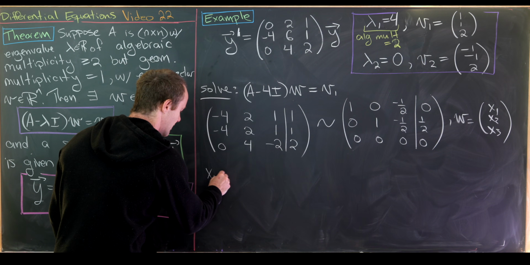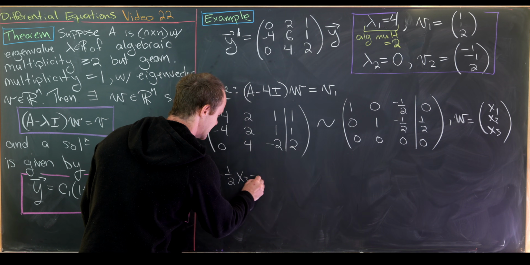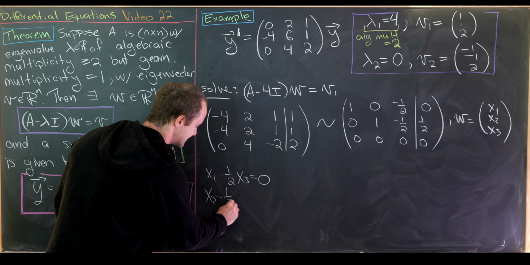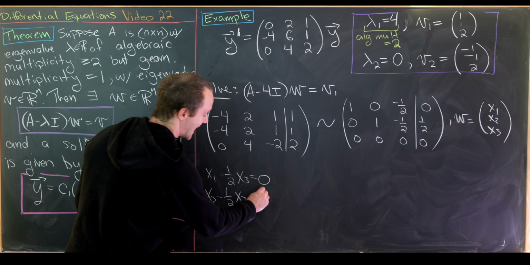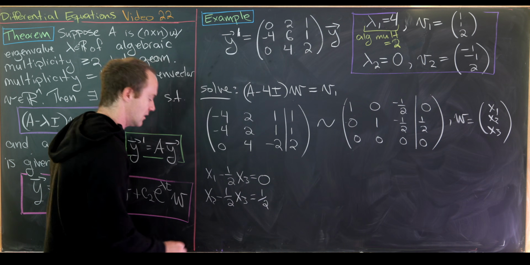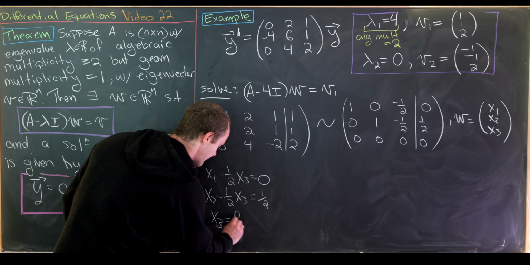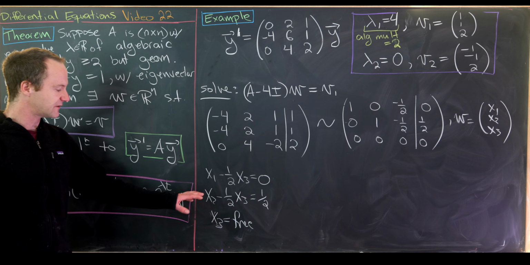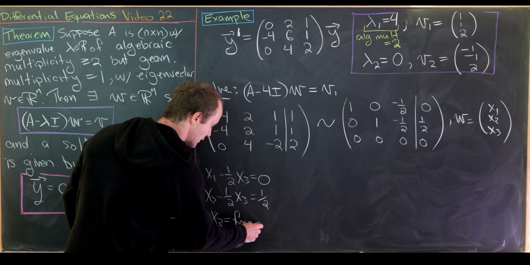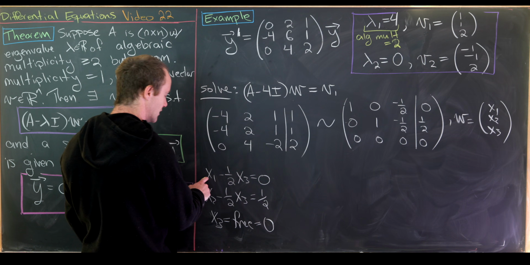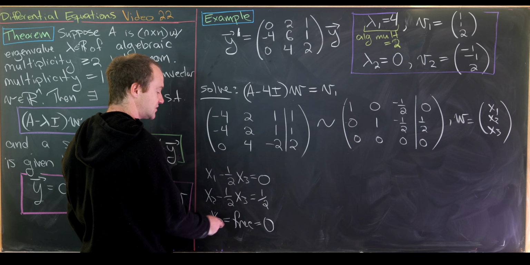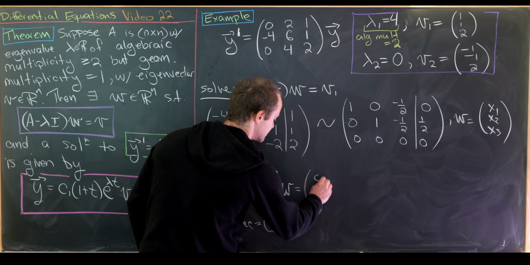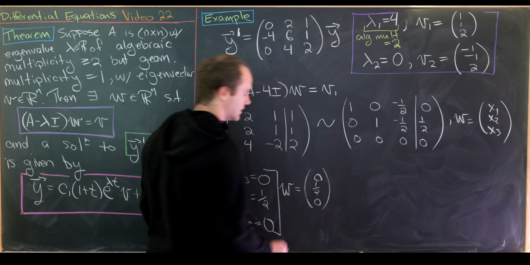So we'll have x1 minus half x3 equals 0. That comes from the first row. We'll have x2 minus half x3 equals half. That comes from the second row. And then x3 is a free variable. That's because it's associated to a non-pivot column. So the fact that it's a free variable means we might as well take it to be equal to 0, which means we get x1 is 0 and x2 is half, meaning we have W is equal to 0, half, 0.